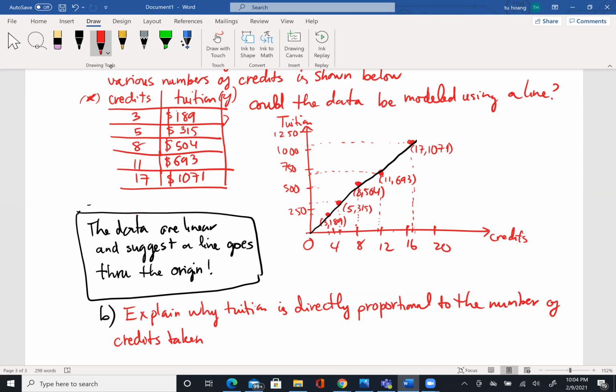I'm going to say that because the line goes through the origin, the y-intercept is the origin.